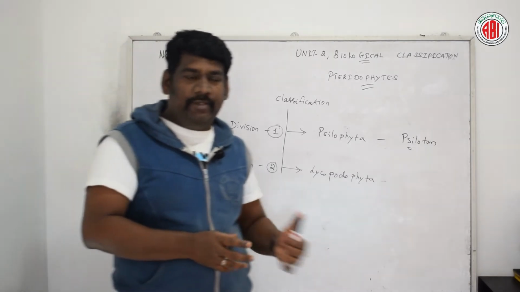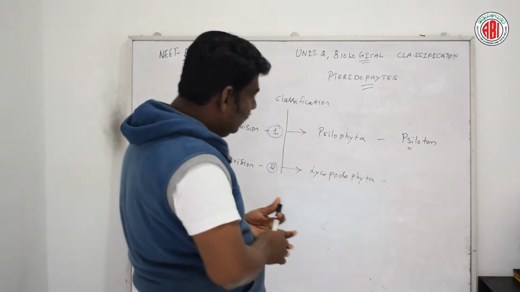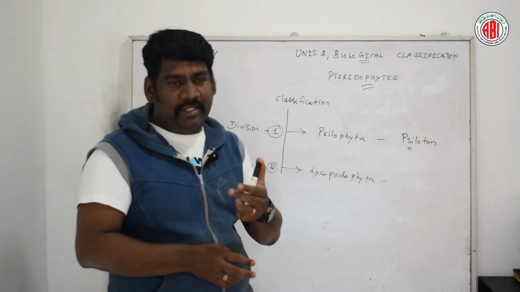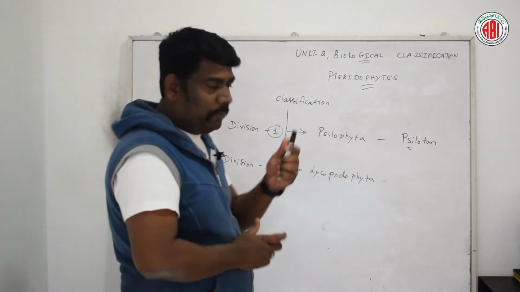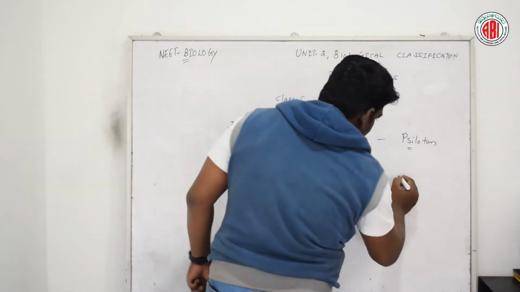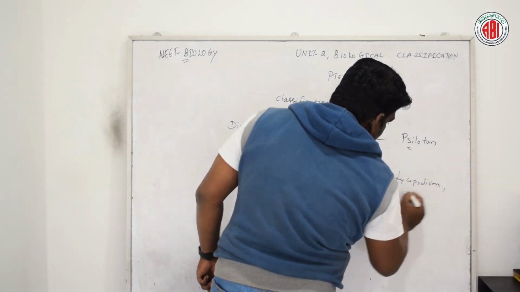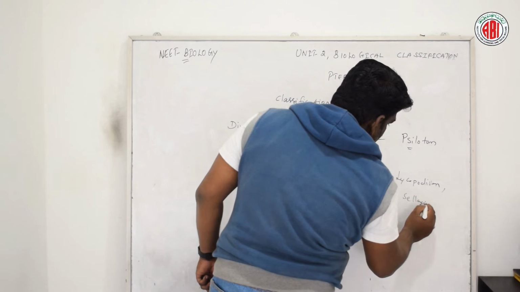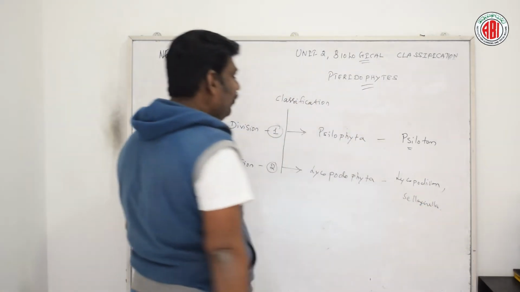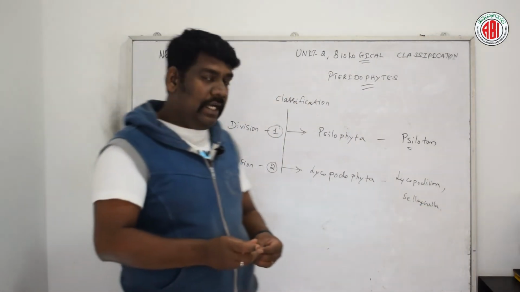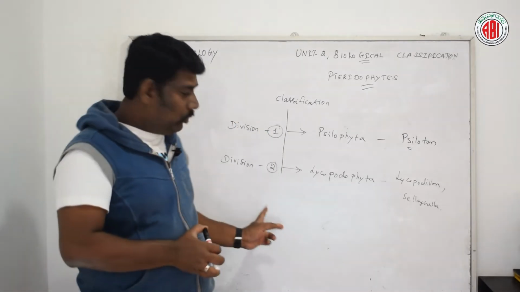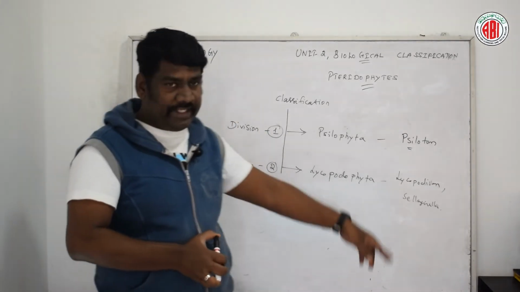The best examples for this category are the well known Selaginella and Lycopodium. These are the few examples seen under division 2, Lycopodophyta.